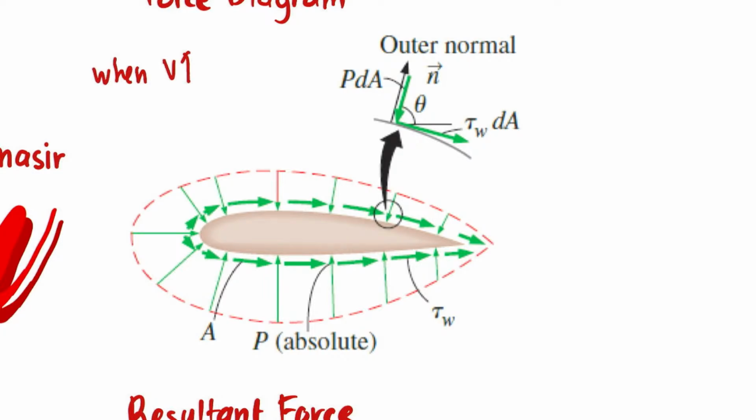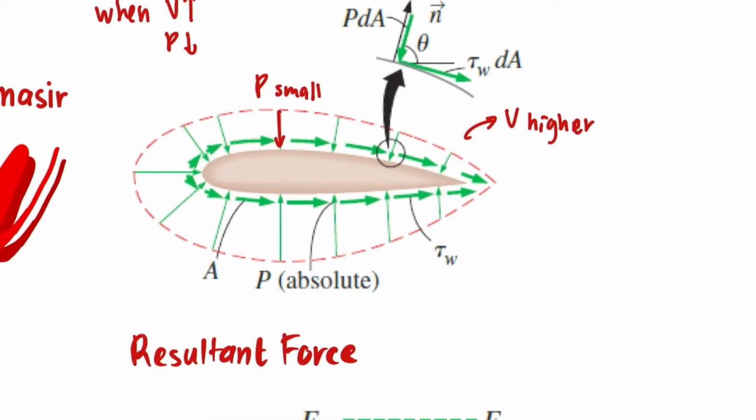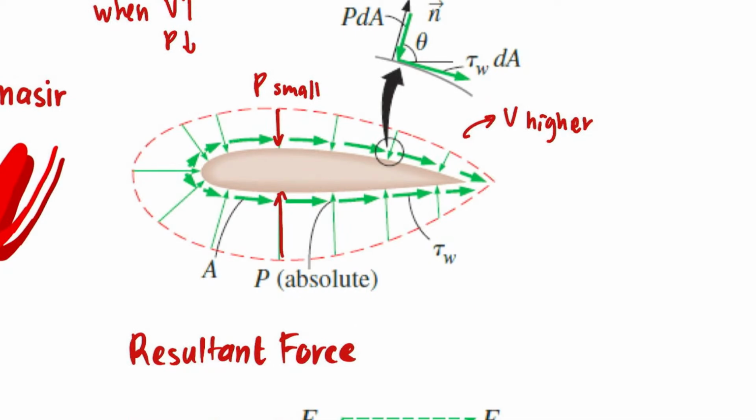When velocity is faster, the pressure decreases. So over here you can see that the pressure is small. Why is it small? Because the V is higher. Why don't you compare it over here? The P is bigger. Why is it bigger? Because the V is lower.